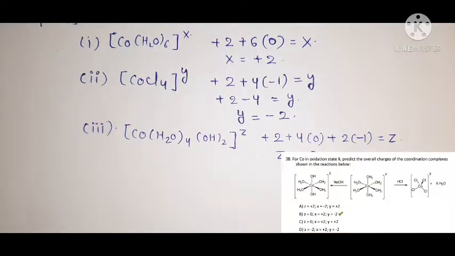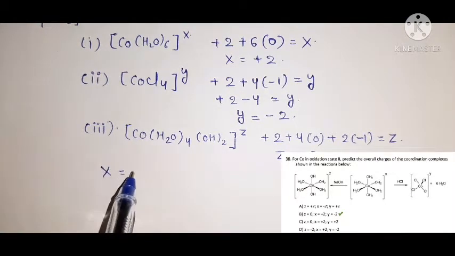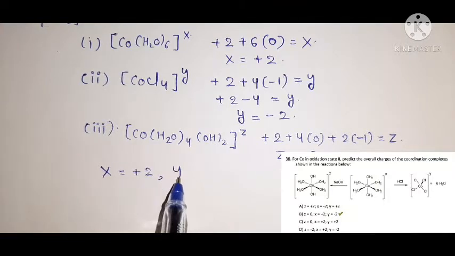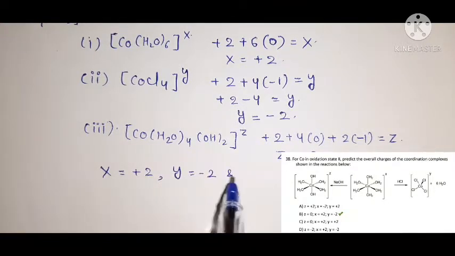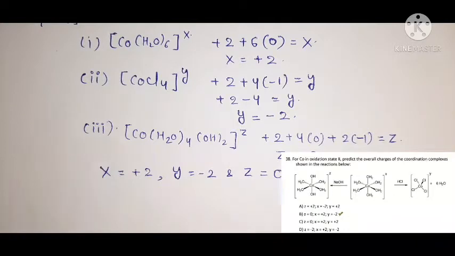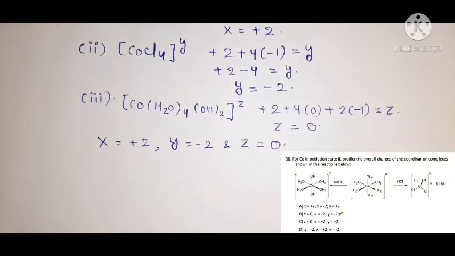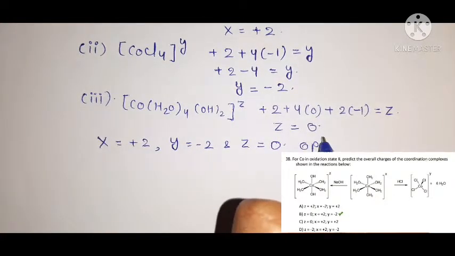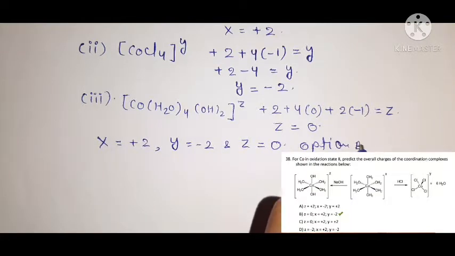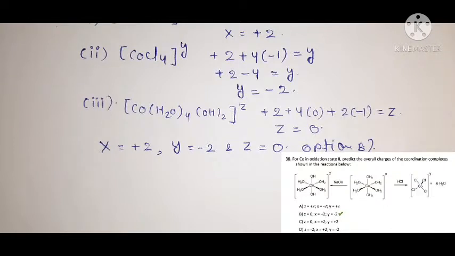So we get values of X, Y, Z respectively as +2, -2 and 0. Understand? So according to this result, your option number B is the correct answer. Friends, it is again a very simple question which was asked in your TIFR GS 2015 exam.